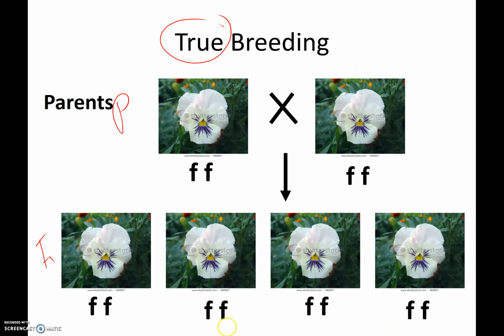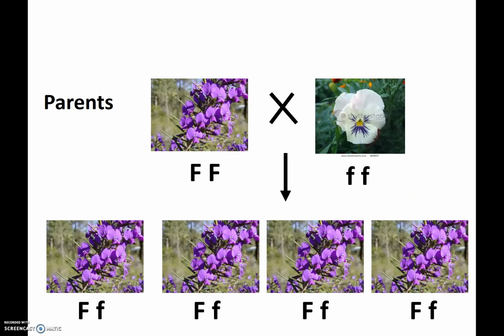For the white flowers, all of the F1 are true breeding for the recessive white flower color. Then he took the parental generation and crossed a true breeding purple and a true breeding white flower, and he found that the whole entire F1 was purple.